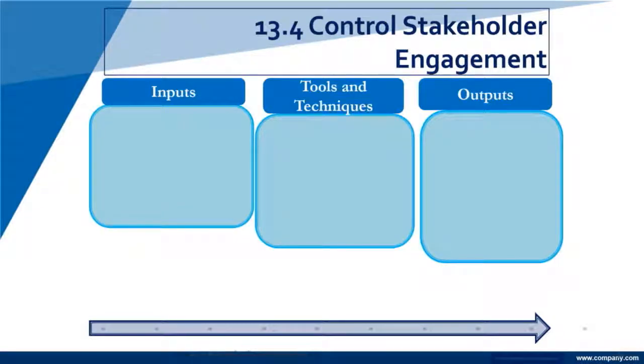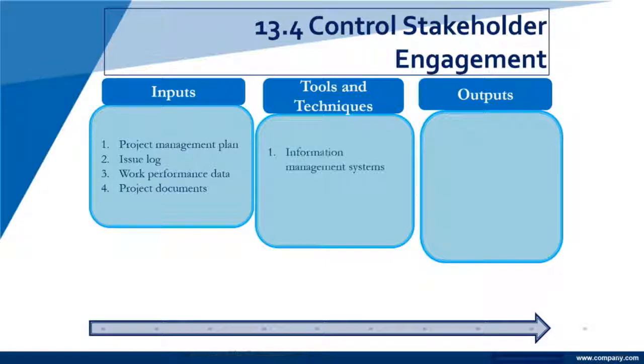So now, controlling stakeholder engagement. We have the inputs of the project management plan, issues log, work performance data, and project documents. We use our information management systems, whatever we are using as an information management system or systems; we pull that together. Expert judgment again is used, as well as meetings. And typically when we're controlling stakeholder engagement, this is about wanting a sense of the performance we're getting.